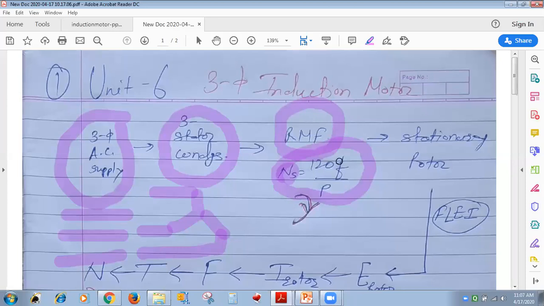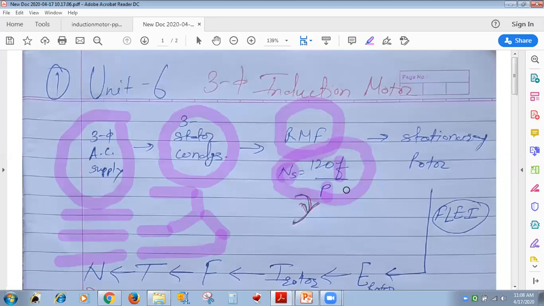It depends on the supply frequency and on the number of poles of the stator. Consider the frequency is 50 Hertz and the number of poles is 4. You will get a synchronous speed of 1500 RPM. Means if the machine is designed for 4 poles on the stator, the rotating magnetic field produced by the stator winding inside the machine will rotate at 1500 revolutions per minute.